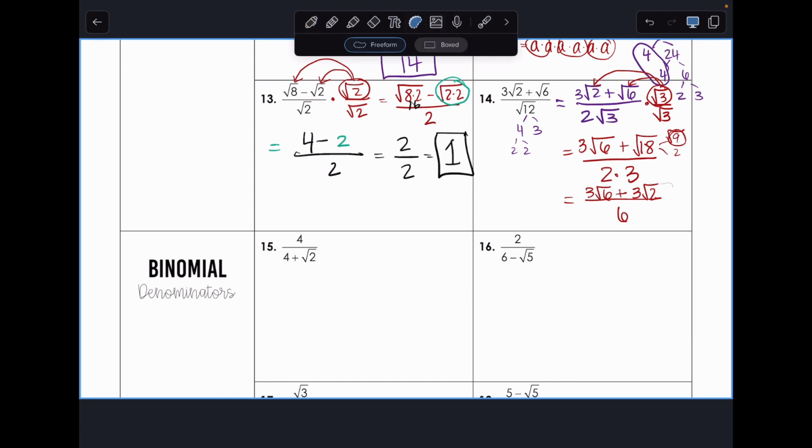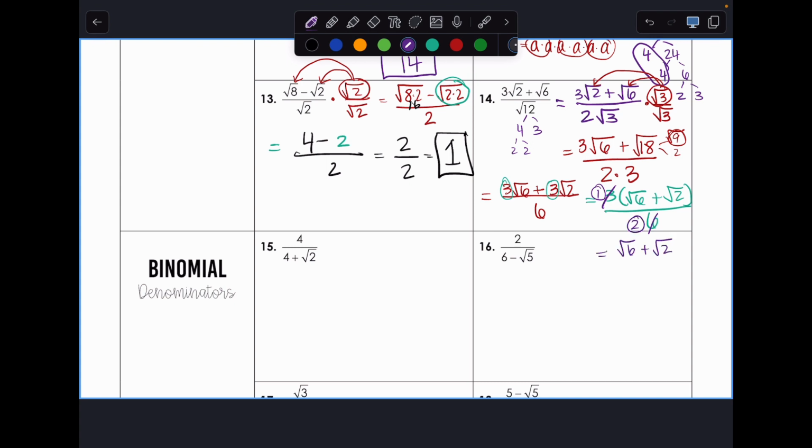So what we're going to do is factor that out. I'm moving this over so I have some more room. I'm going to factor out the 3 that they all have in common. Then we have rad 6 plus rad 2 over 6. Can I simplify 3 over 6 now? Yes. So that would be 1 over 2. So this would be rad 6 plus rad 2 over 2.